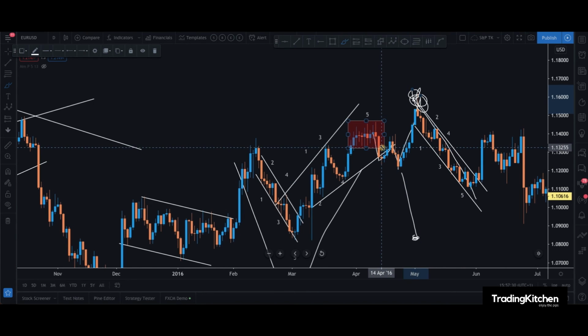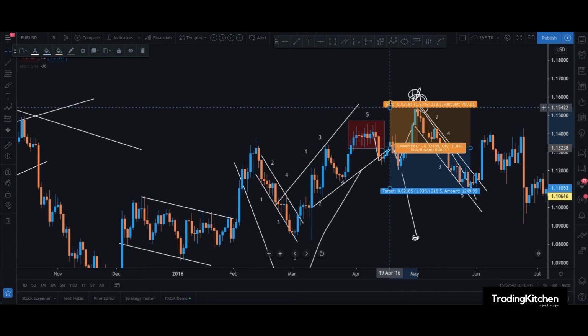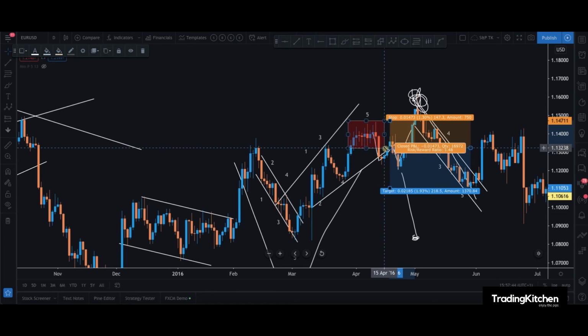Okay, so in this case, how can we avoid this loss? If we open the trade here, on the retest of this structure, the stop loss will be here and the take profit will be a 1 to 1 risk reward ratio.